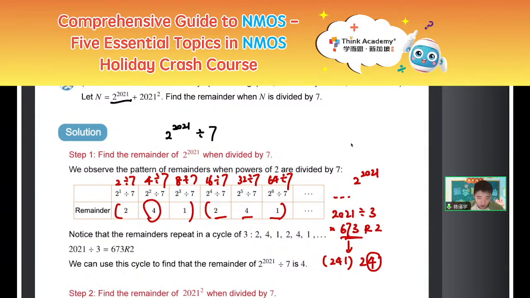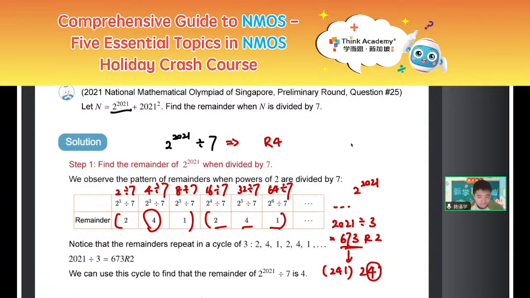Since we have a remainder of 2, we take the second remainder in the group as the remainder of 2 to the power of 2021 divided by 7. I don't know the quotient, but I know that this has a remainder of 4. Okay. So as long as you find out the pattern, it should be okay. All right. So we're done with the first scary part, that is 2 to the power of 2021.